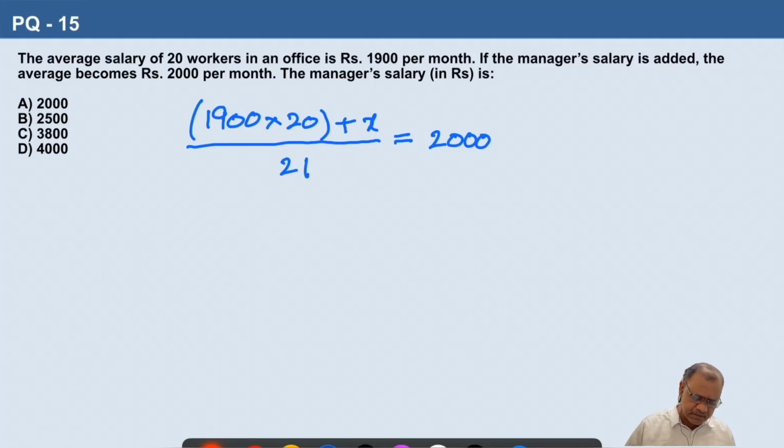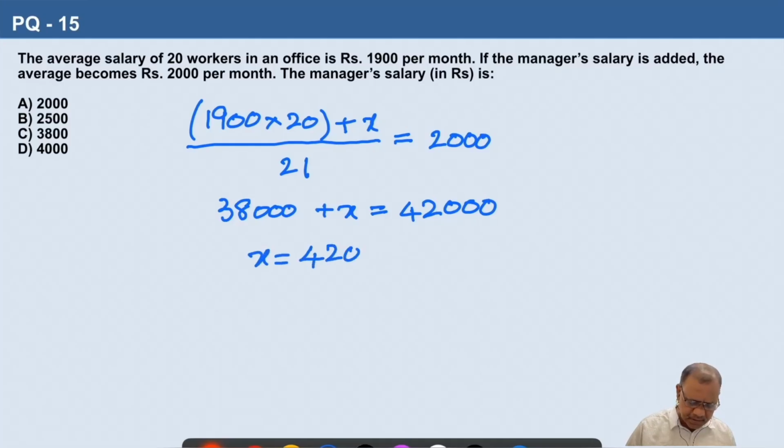So this is 38,000 plus X equals, by cross multiplication, 21 twos are 42,000. So X equals 42,000 minus 38,000.